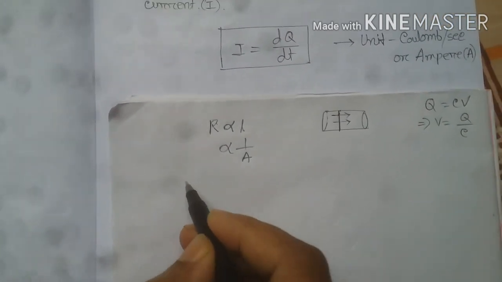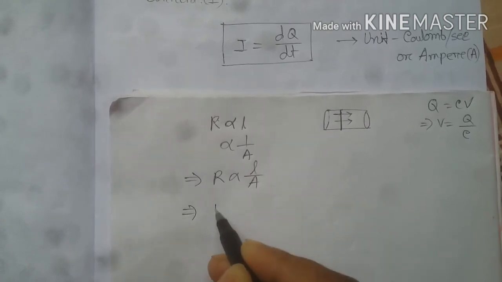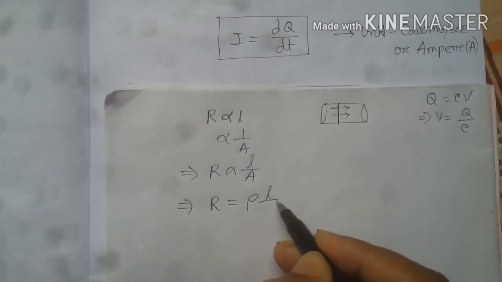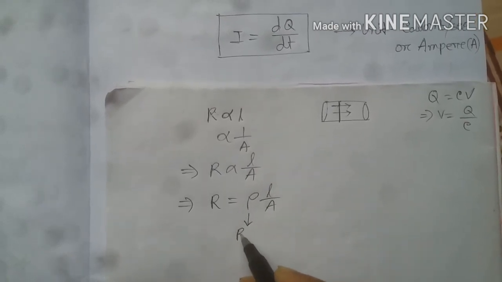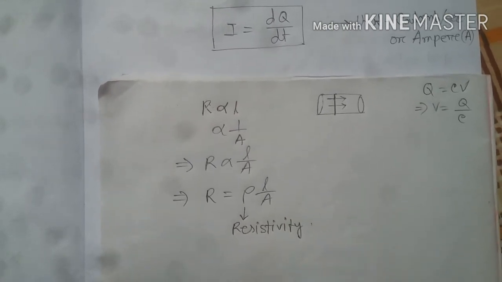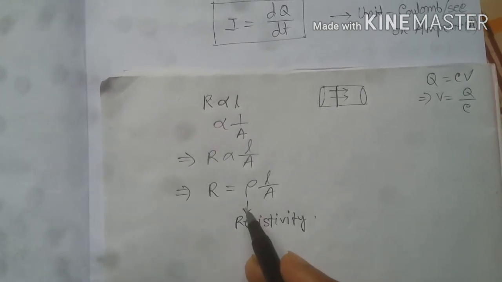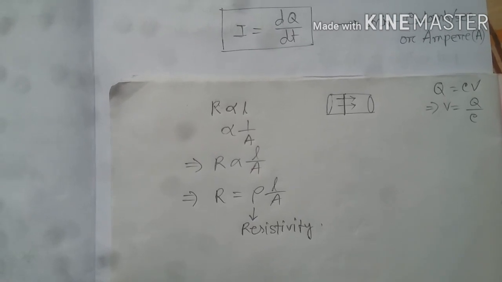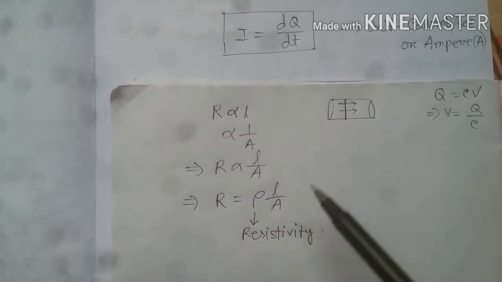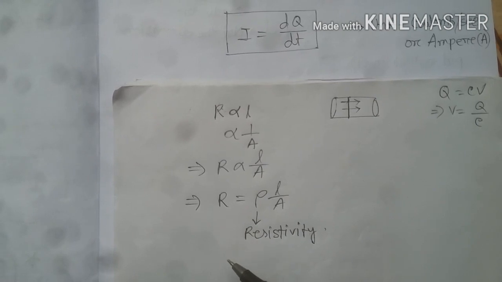So combining these two, we get R proportional to L by A. If we omit this proportional sign, then there will be a constant, and this constant is represented by rho, so R equals rho L by A, and this constant rho is called the resistivity of the conductor. This resistivity depends on the material of the conductor but doesn't depend on the dimensions. The resistance depends on dimension as well as material, but resistivity doesn't depend on dimension; it depends only on the material of the conductor.